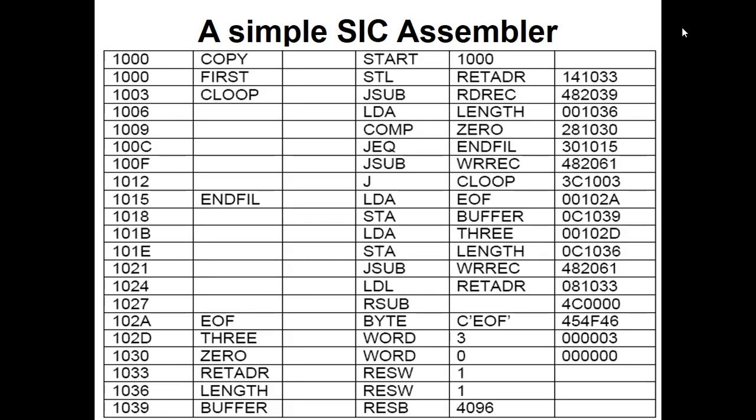A text record begins with the character T, followed by the beginning address of that record, then followed by the length of that record, and then we write the machine language instructions, which shouldn't be more than 60 characters. I just want us to write the second field. The text record begins with the T. Then the beginning address is what?